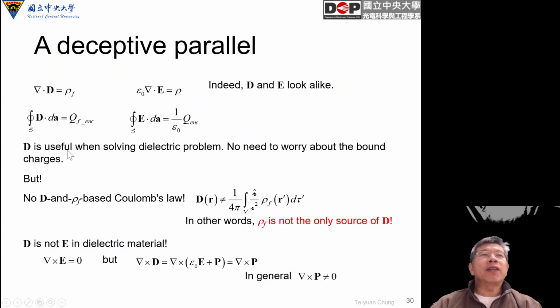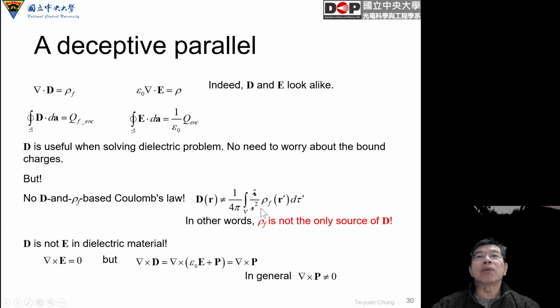However, D is very useful when solving dielectric problems because we don't need to worry about the bound charges, right? But there's no Coulomb's law for D and free charge density. In other words, we cannot write things like this.